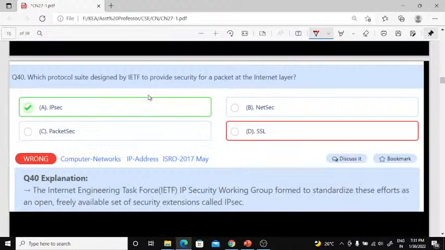Which protocol suite designed by the IETF provides security for a packet at the internet layer?